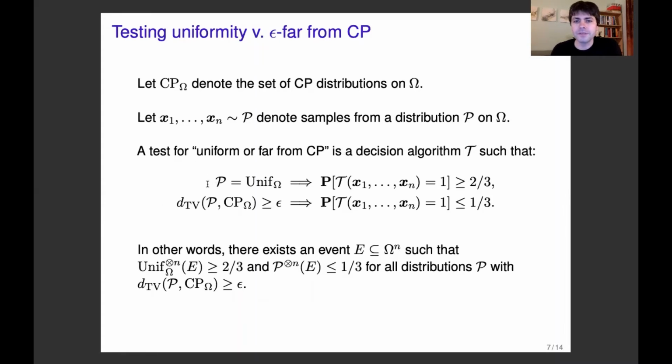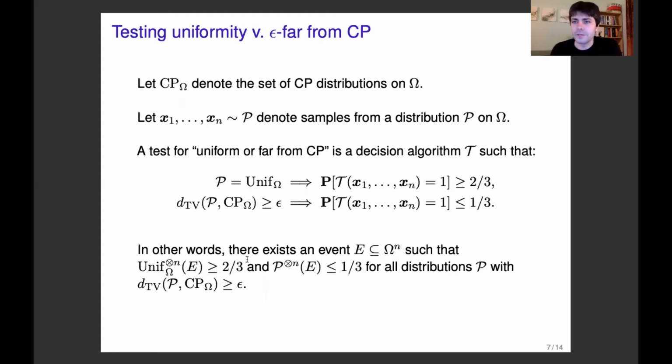If the samples x1 to xn come from P, which is the uniform distribution, then the algorithm T must accept with probability at least 2/3. And if the samples come from a distribution P which is epsilon far from all completely positive distributions, then the algorithm cannot accept with probability more than 1/3.